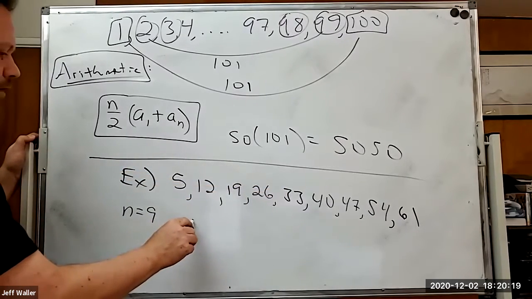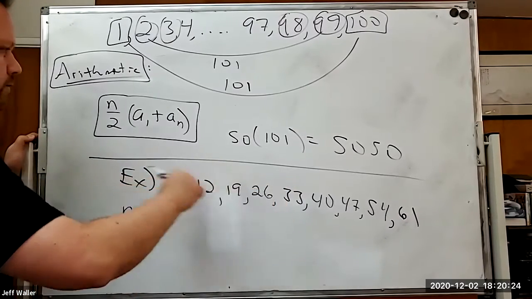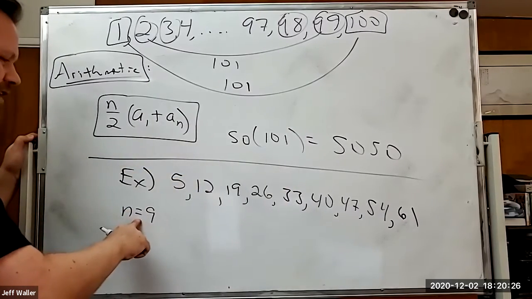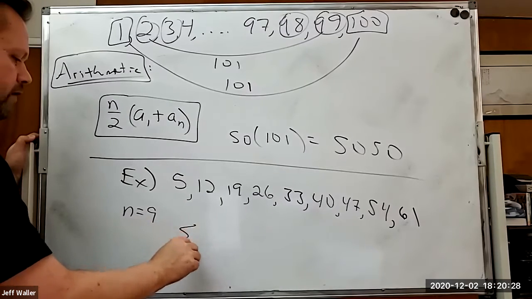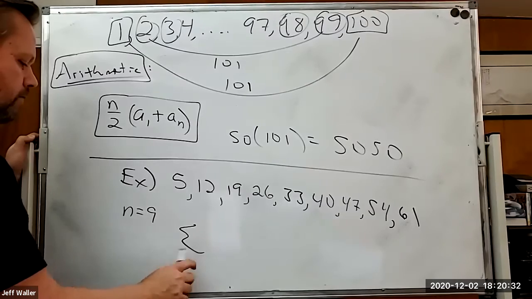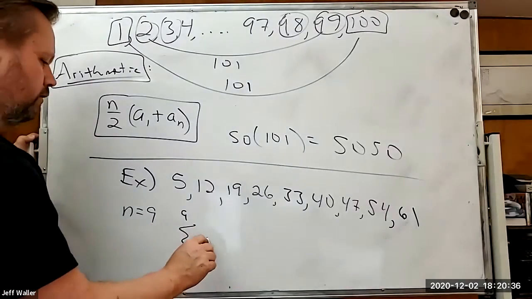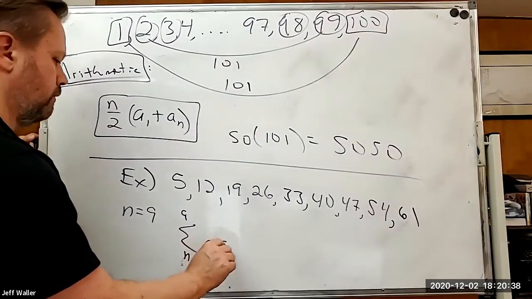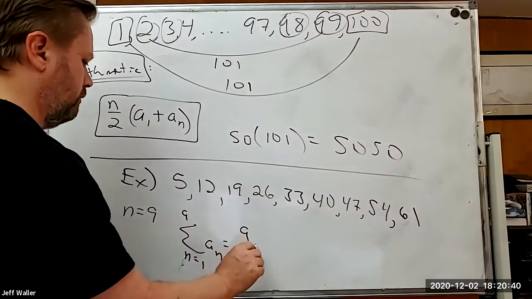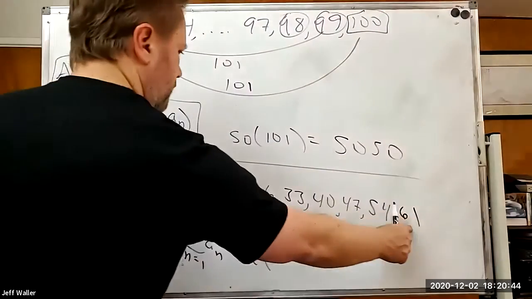So how do I figure out the sum of the first 9 things? It's going to be n divided by 2 times 5, the first guy, plus the last guy.